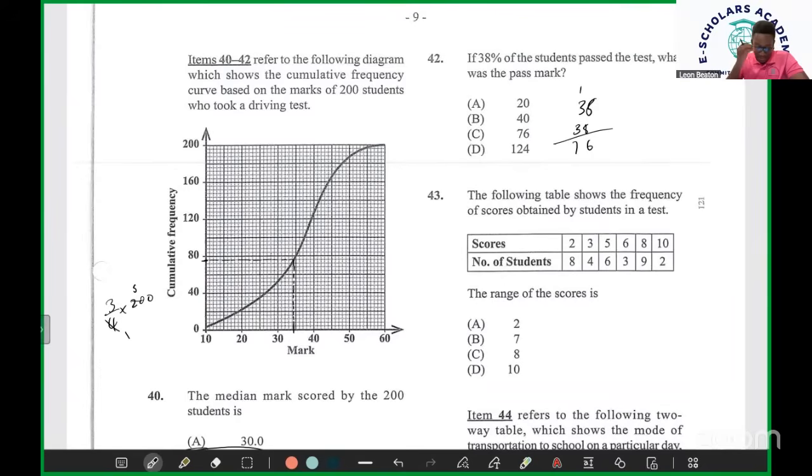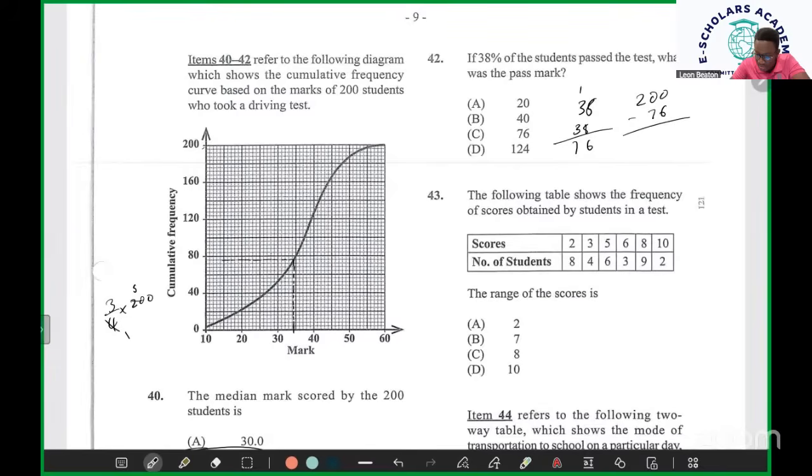Okay, yeah. So I now figure it out. So anyways, 76. The people that pass the test can't be the people at the bottom, right? It's got to be 200 minus the 76, the people at the top. So it'll be 200 minus 76.